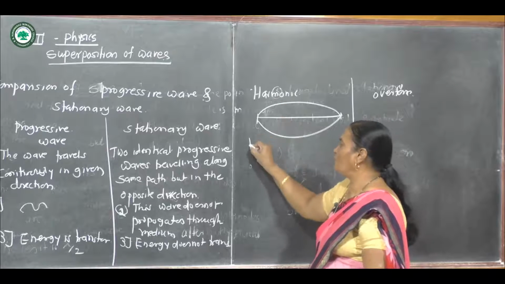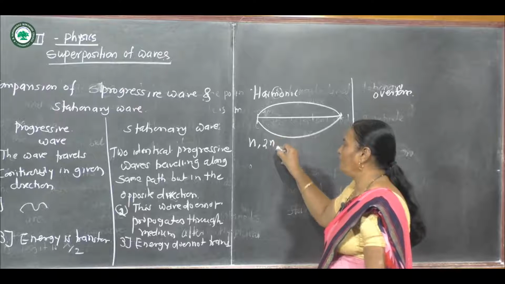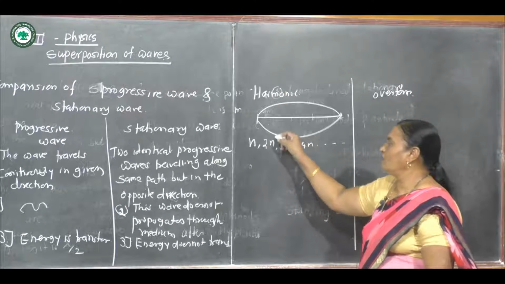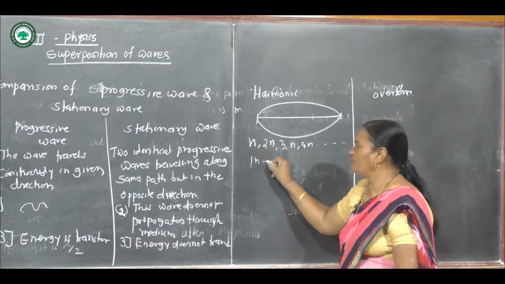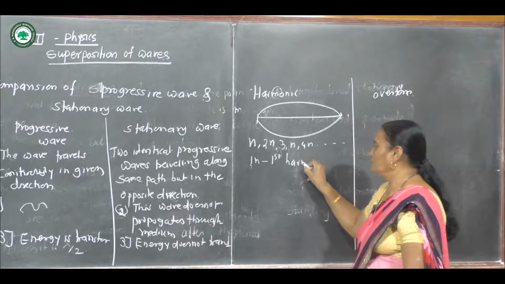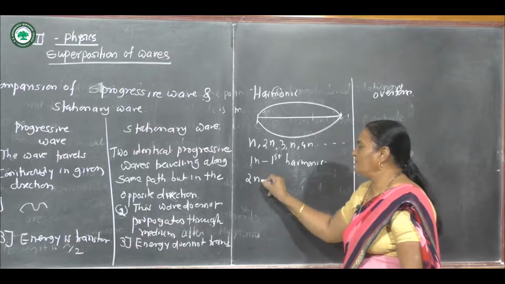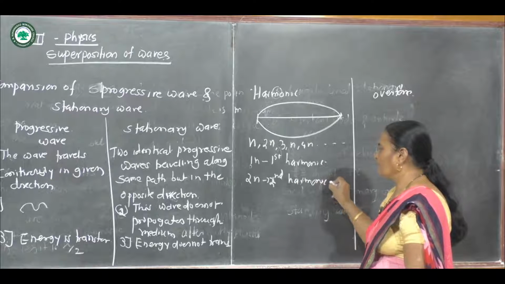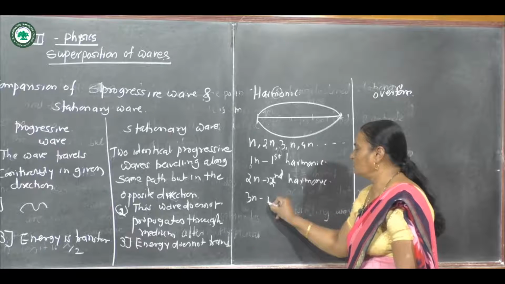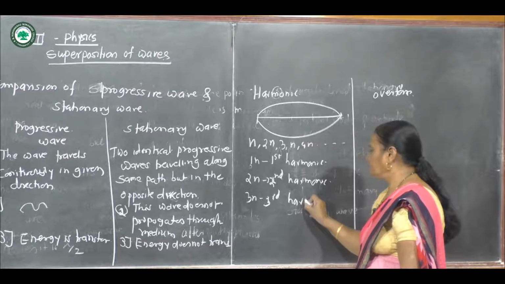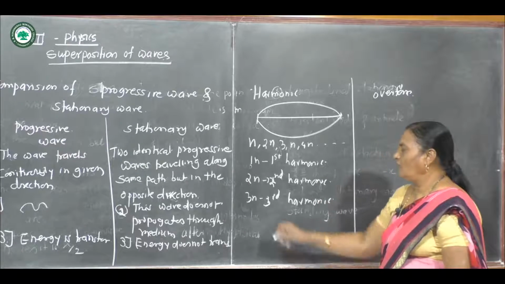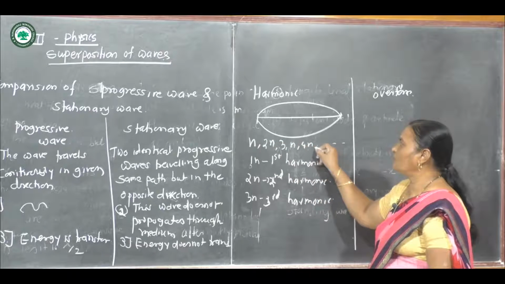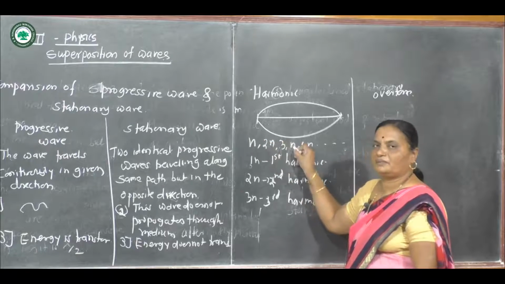Suppose this mode consists of frequencies n, 2n, 3n, 4n, etc. These are called the first harmonic, second harmonic, third harmonic, fourth harmonic, and so on. n is the fundamental frequency.